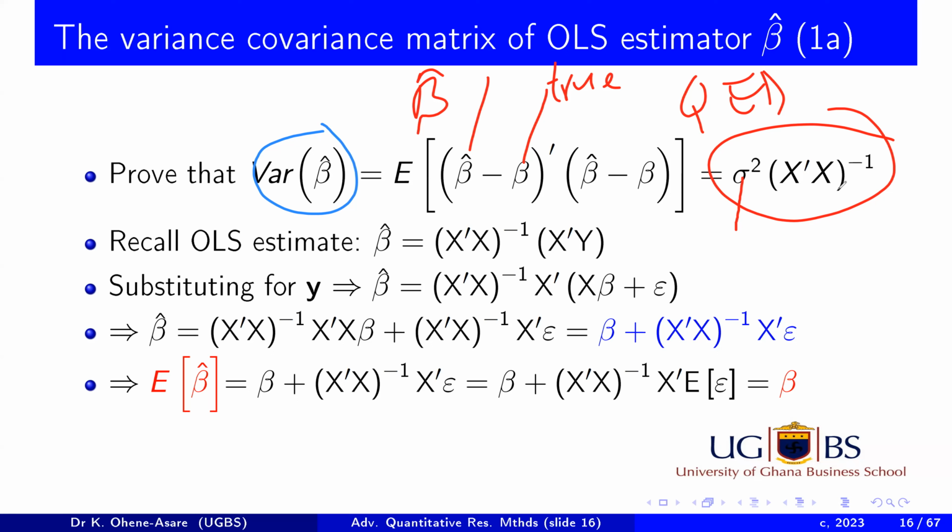So this beta cap is what we have estimated here. This beta cap is actually (X prime X) to the power negative 1 times X prime Y. And again, if you're a little bit lost about what X and X prime are, X is a whole matrix.